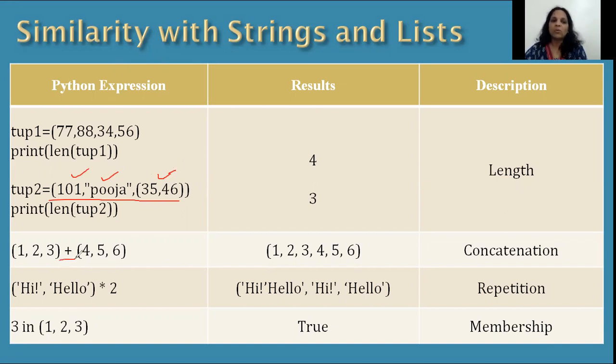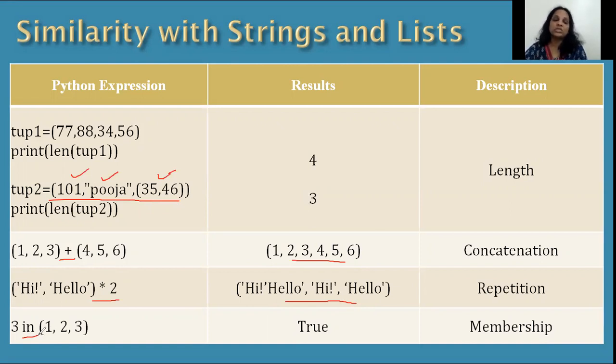Then we know the plus operator works as concatenation. So you see the result here. Then we know the asterisk sign works as repetition or replication. Can you see this string repeated 2 times in a tuple? Then we know the in operator is a membership operator. You have in as well as not in. What does it do? 3 in 1, 2, 3 means it's checking if 3 is a part of the tuple 1, 2, 3.